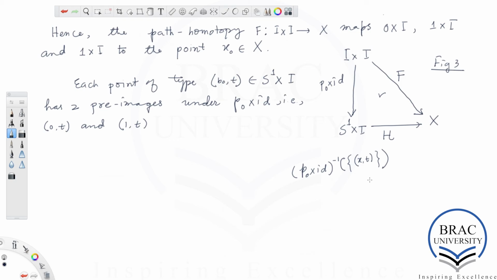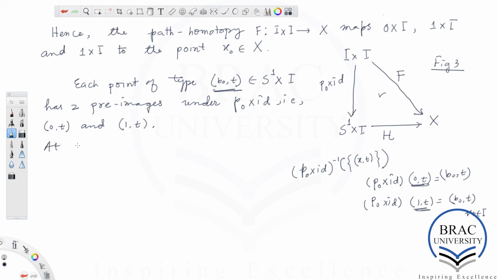Because we have seen earlier, let me rewrite it, P0 cross ID at 0 comma t was found to be B0 comma t, and P0 cross ID at 1 comma t is equal to B0 comma t for all t in the unit interval I. We have seen this earlier, right? So that explains why each point of type B0 comma t has two pre-images under P0 cross ID, 0 comma t and 1 comma t. Okay?